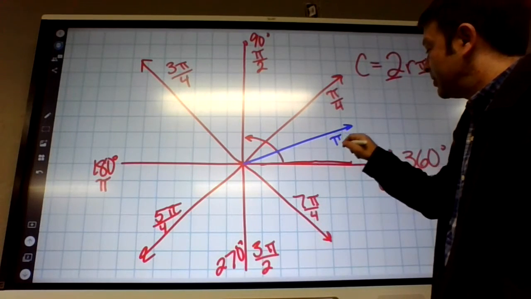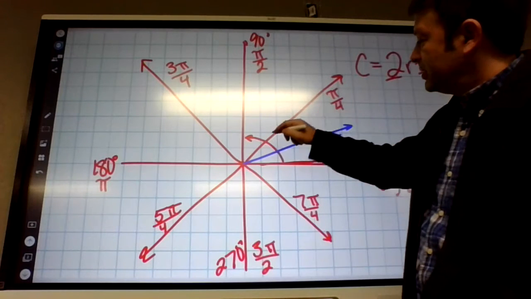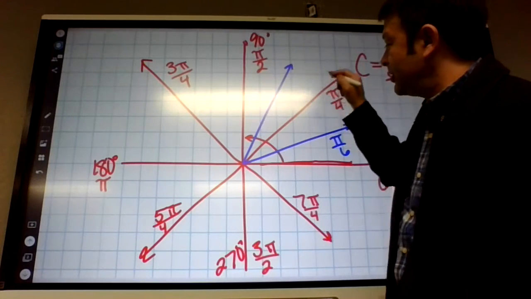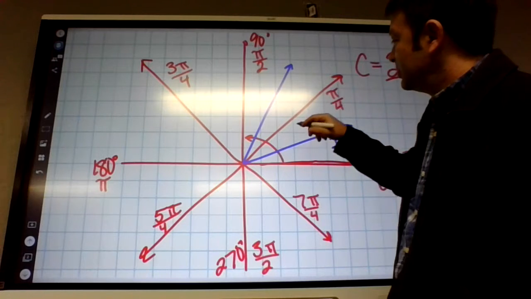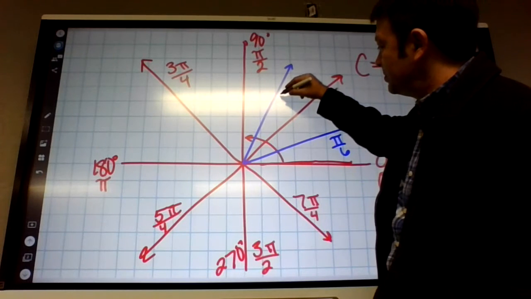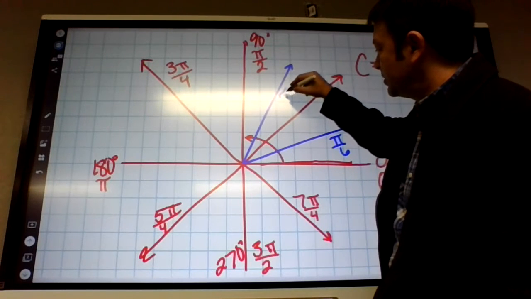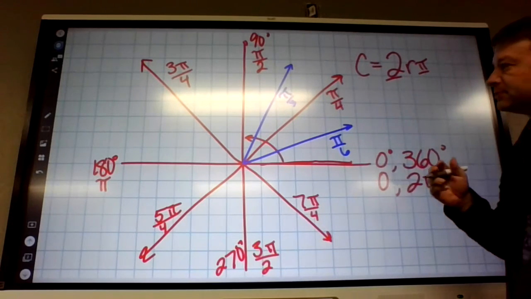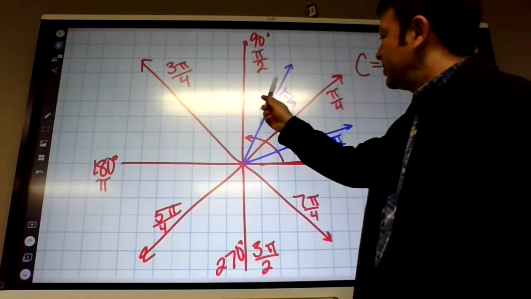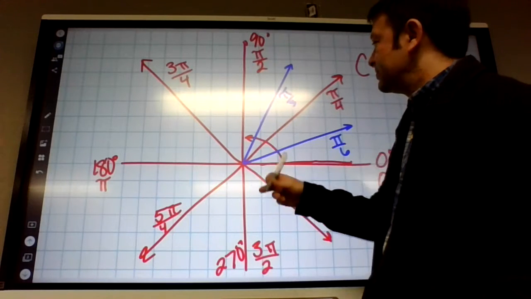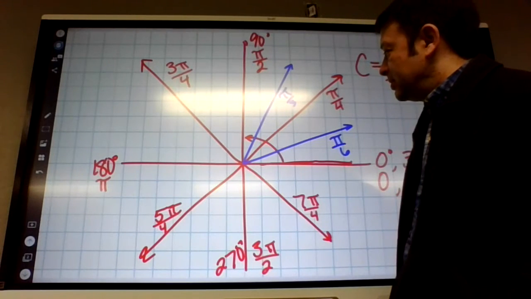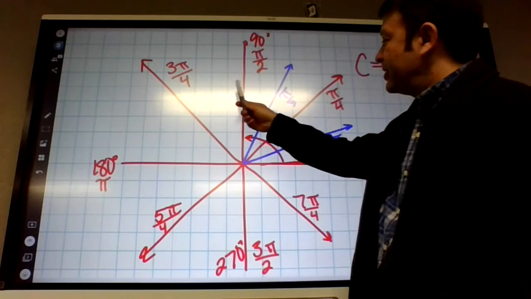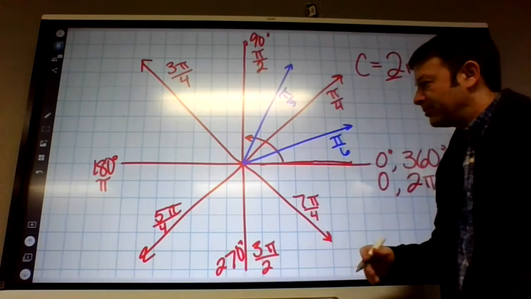So this would be pi over 6. And 60 degrees would be 2 pi over 6, which reduces to pi over 3. Another 30 gets you to 90, and anyway, you can count by pi over 6. I'm not going to go through all those.